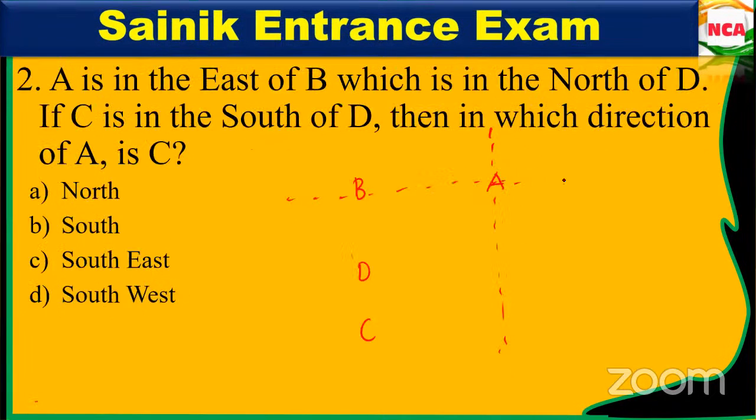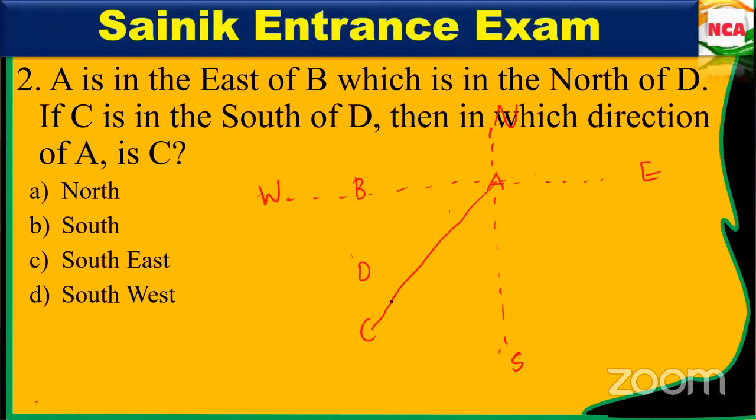If we draw like this, this is east, this is north, this is south, and what is this direction? West. This is south, and this is west. So they are asking about C, right?